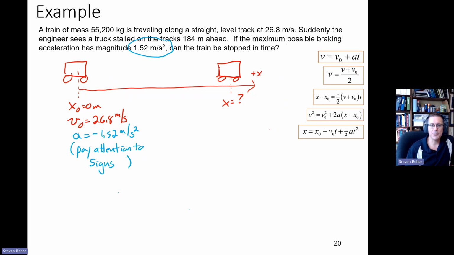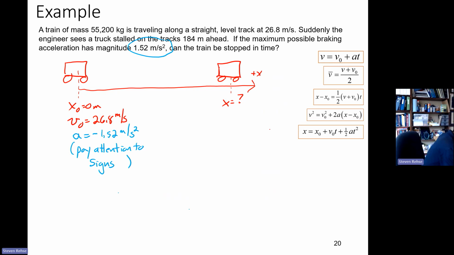Do I know anything else in this problem? Oh, no, Dr. Rehse, I don't see anything else listed. No, not true. One very important piece of information, and this is the trick to solving physics problems, is you have to understand what information is in this problem. What else do I know about the train when it has skidded to a stop?